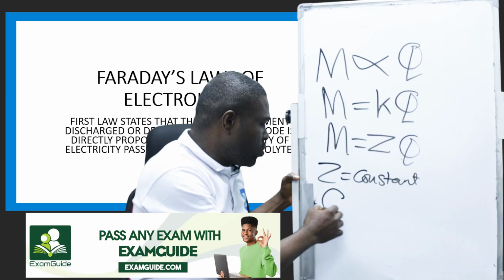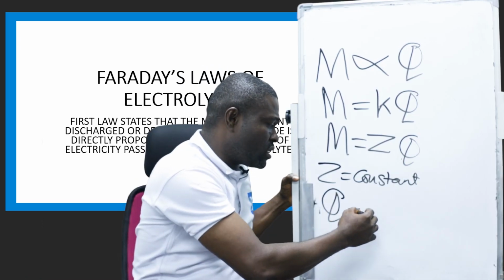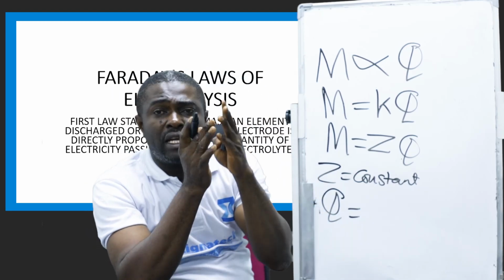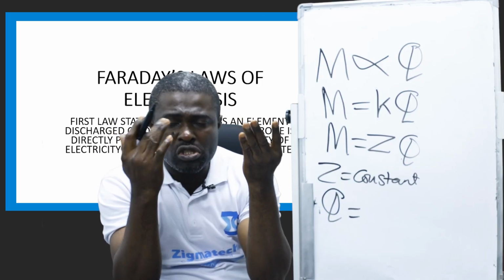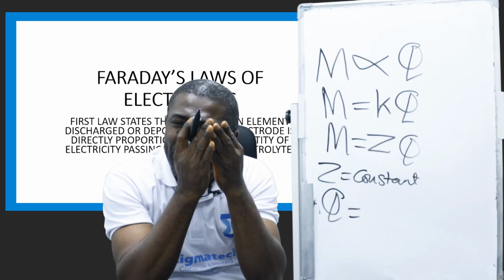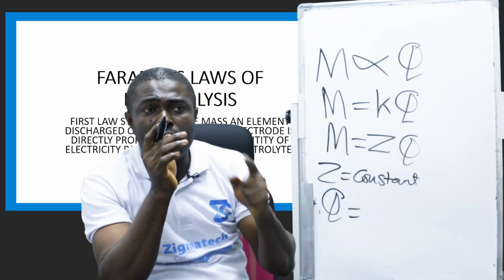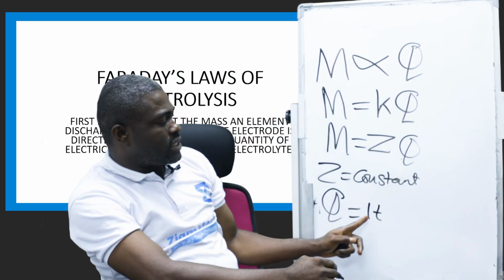But what is Q? Q is the quantity of electricity. How do you calculate the quantity? Sometimes they will give you the quantity direct, while on other occasions they will not give it to you. They will give you current and the time. By the time you multiply current and time, you get the quantity. So Q is equal to IT. What is the I?